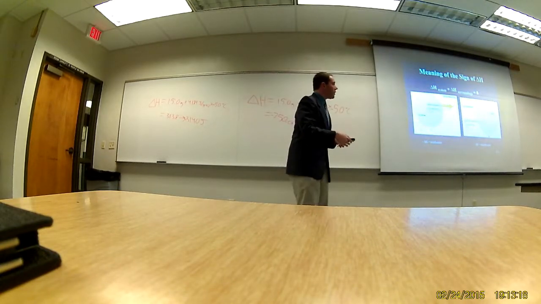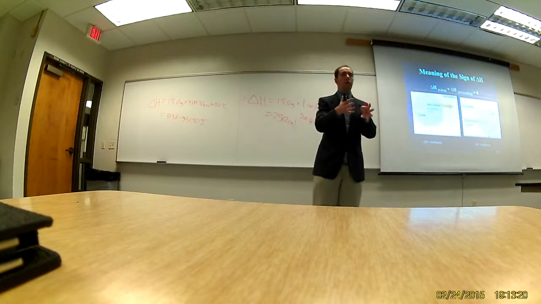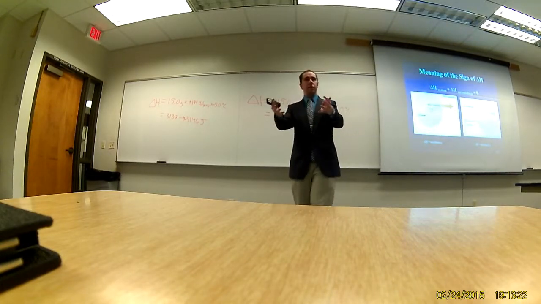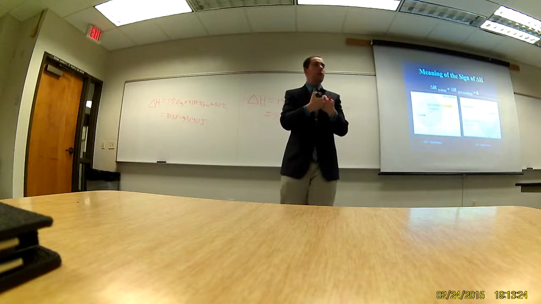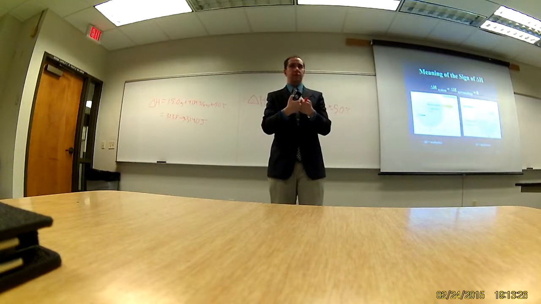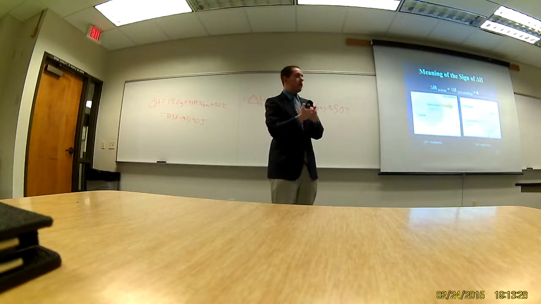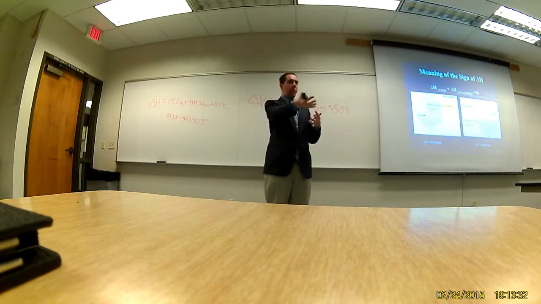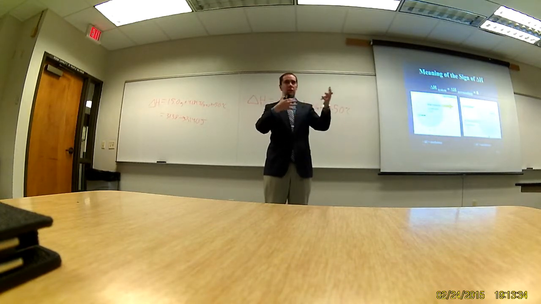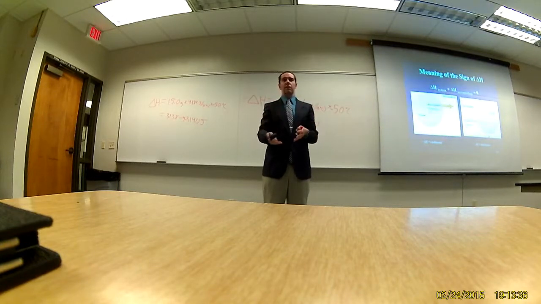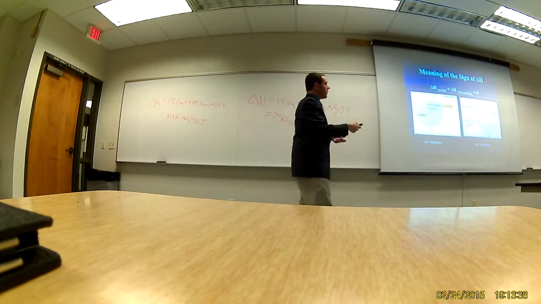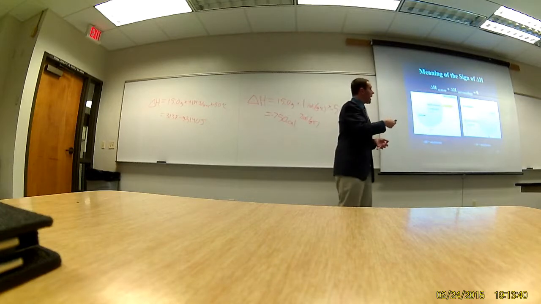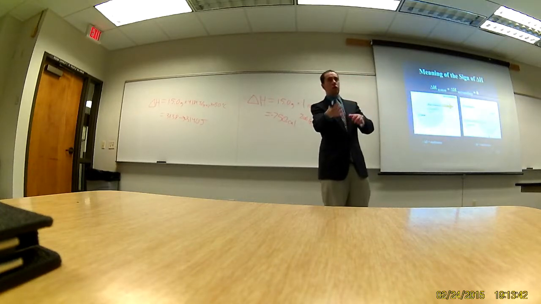In an endothermic process, however much the process absorbed, the surroundings lost. Okay? It's just like money. You can't make money. If I'm selling something, there's a finite amount of money, right? So however much I gain or lose is how much you gain or lose.